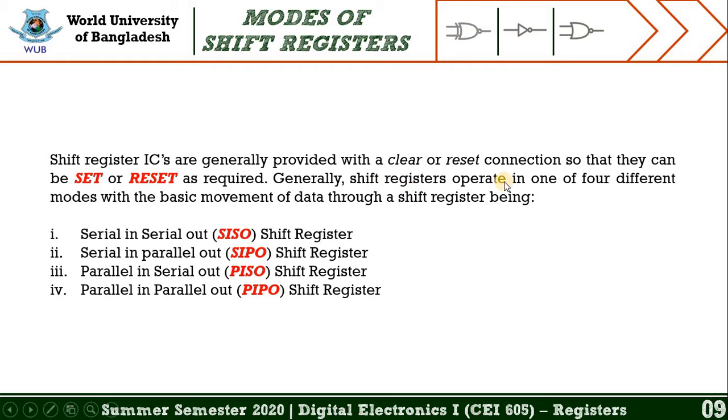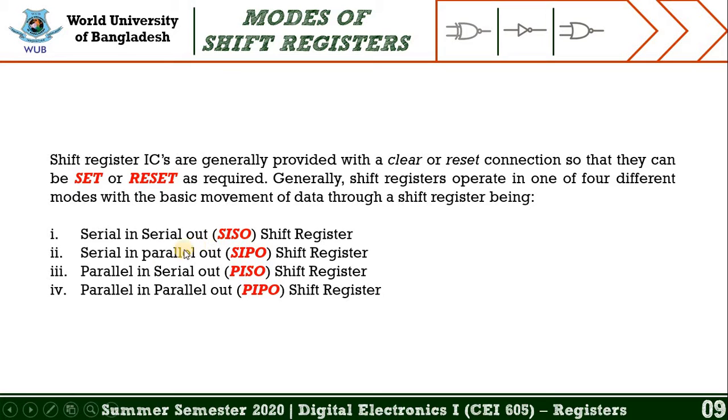Generally, shift registers operate in one of 4 different modes, with the basic movement of data through a shift register being such as serial in, serial out shift register, which is named shortly SISO.